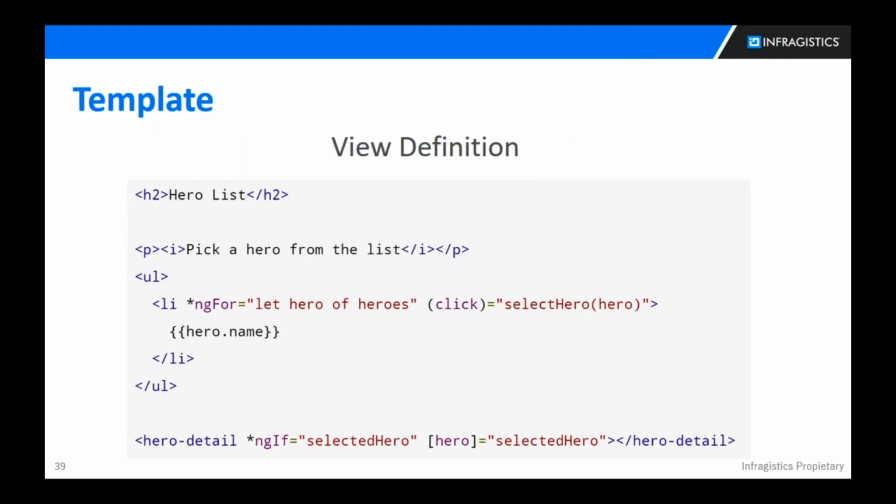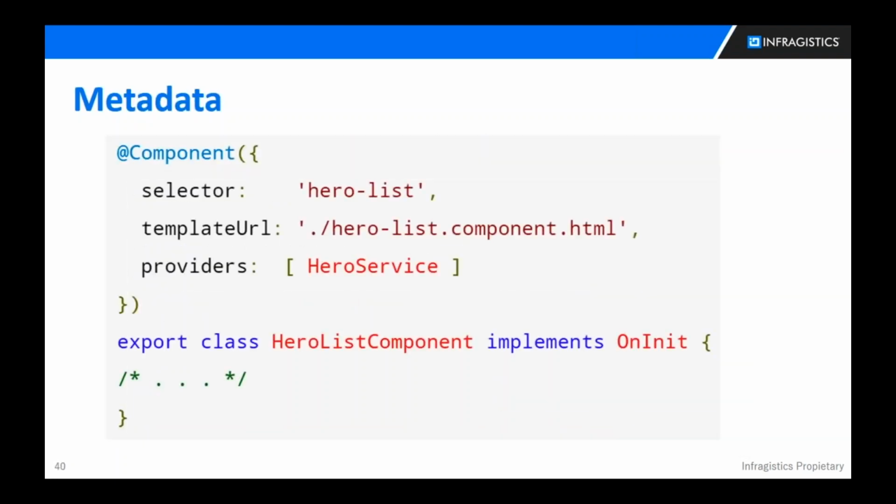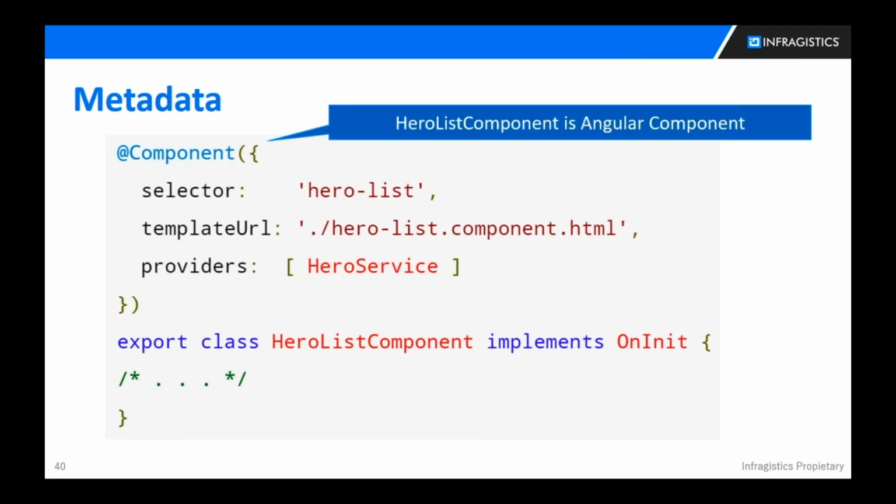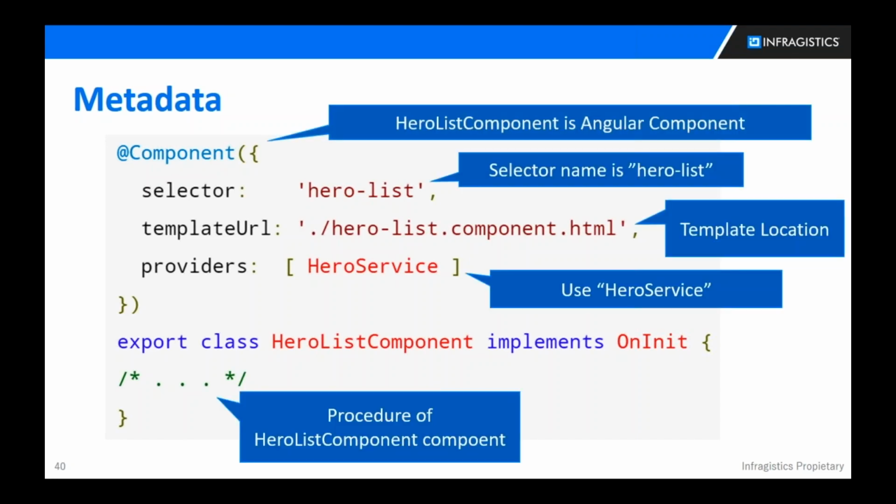Also, there's the template, which is the view definition. In the component, there's logic, and there's also a template that shows the UI. It's actual markup, with things like headers, paragraphs, and lists. Also, for a component, there's metadata, so you can set the necessary properties to make it work.